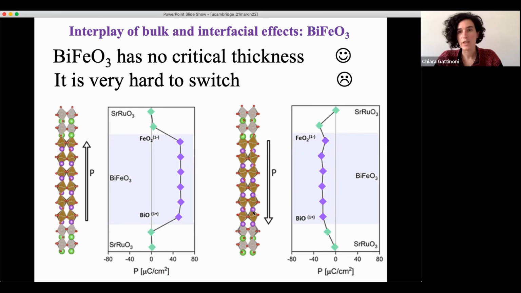When we switch it, the polarization goes down to about 25, 30, and also the strontium ruthenate, the metal, has to distort. And the difference between these 2 systems is about 2 electron volts. So it's really, really not very nice to switch.